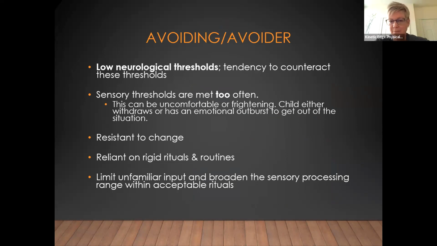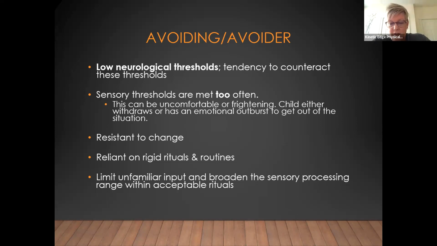So the avoider, probably along with the sensory seeker, are the two that have the most behavioral issues. So the avoider has a low threshold. It doesn't take much for these kids to have that sensory threshold met. And when that sensory threshold is getting met, it can be uncomfortable or frightening.